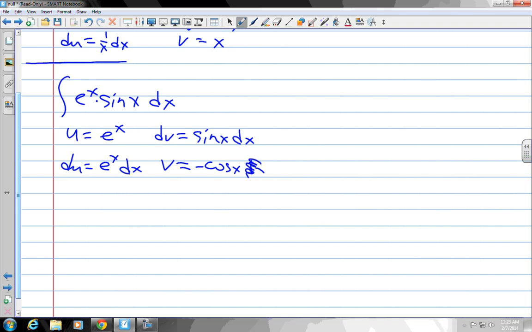So if I put everything together, uv is negative e to the x cosine x, minus v du. Well, we have another negative. Do you mind if I just put a plus in there? And then it's e to the x cosine x dx.